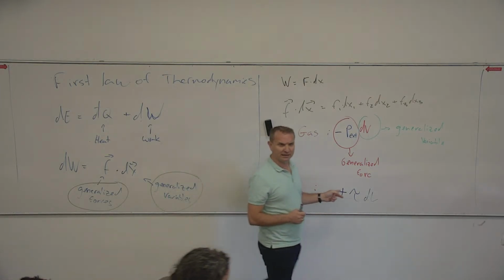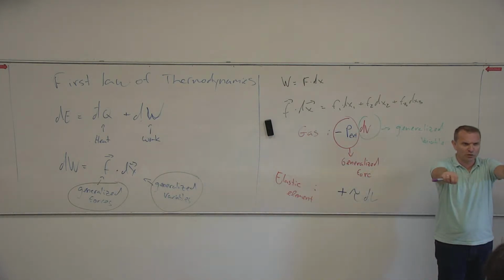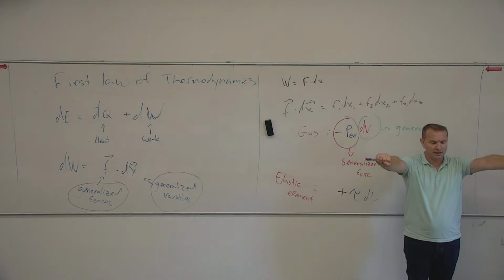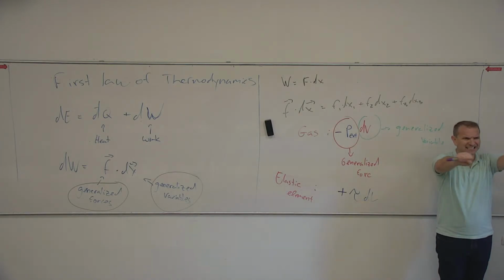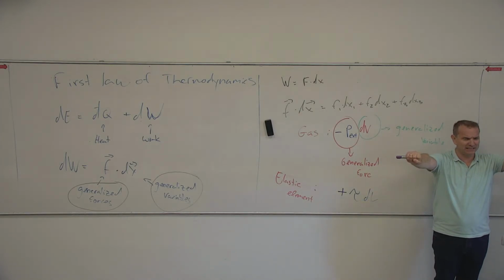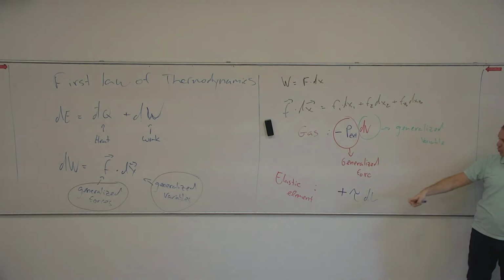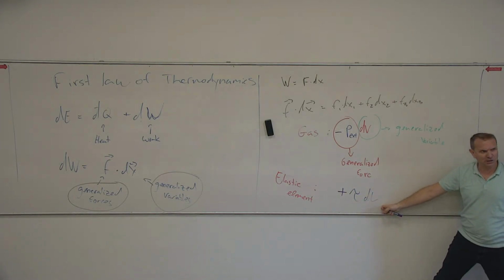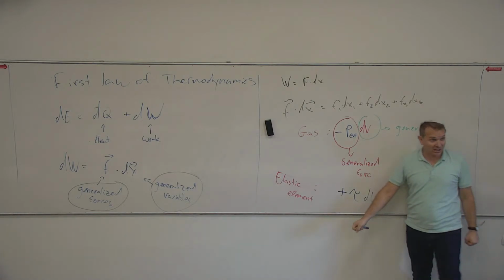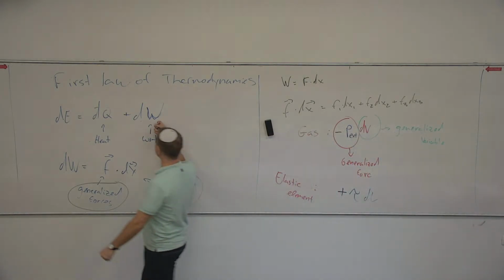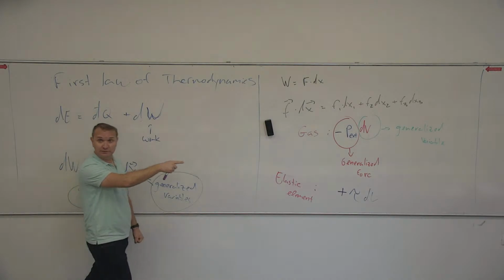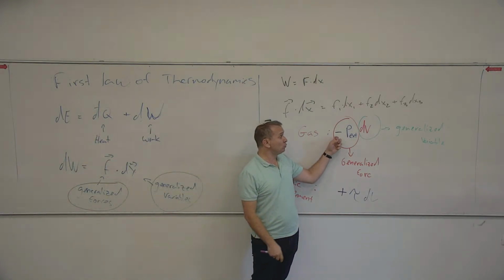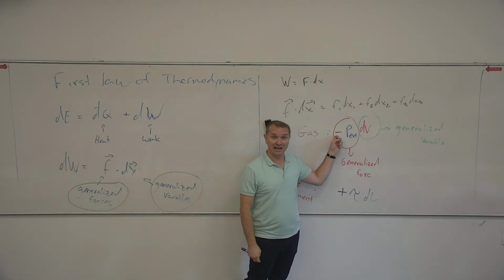Why the plus sign? Because when I perform the work, I apply this tension and extend the length of my elastic element. This expression is positive, and I actually performed some positive work on the system. dl is positive, tau is positive, so I don't need to assign a minus like I did for the gas.